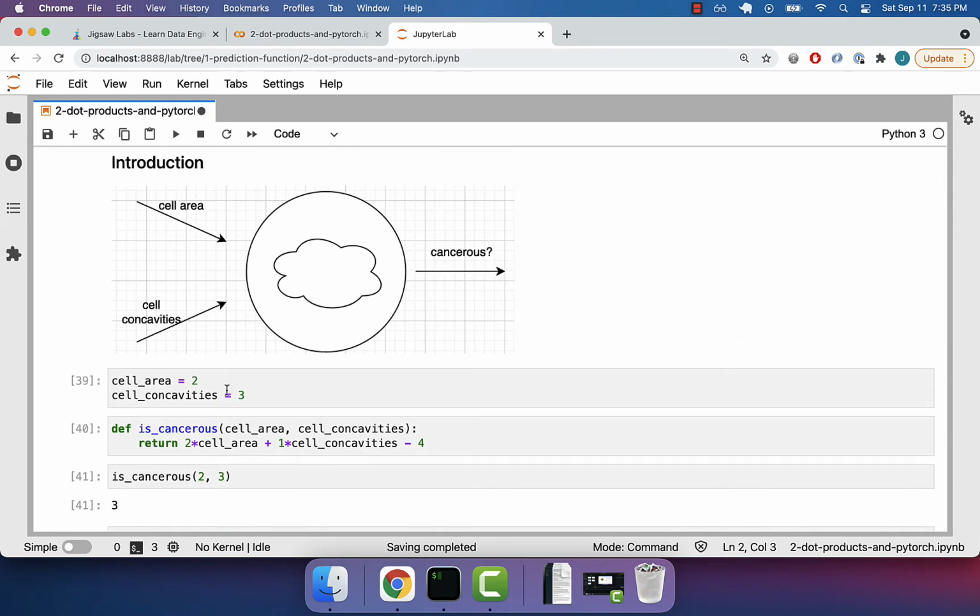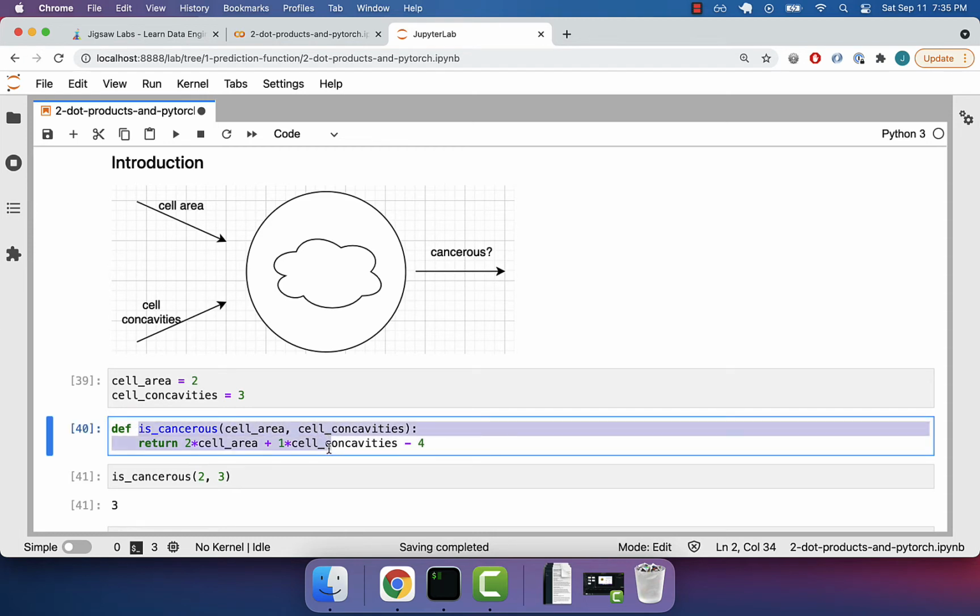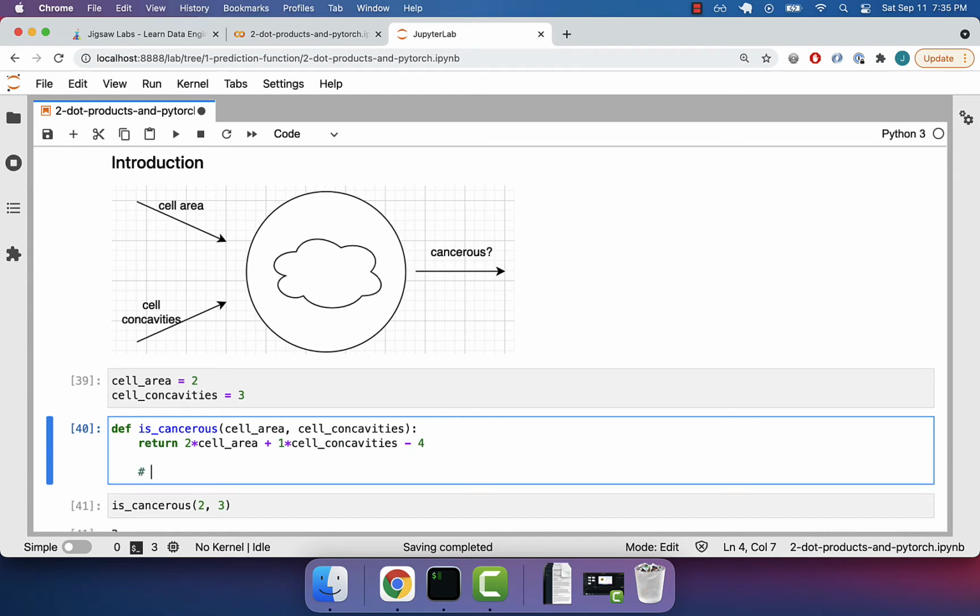So this was one way. We saw this diagram, and we also saw this represented in Python. And then finally, we can see this represented mathematically with this function z of x, where z of x is our weight w sub 1 times x sub 1, our cell area, plus w sub 2, our second weight that corresponds to our second feature, x sub 2.